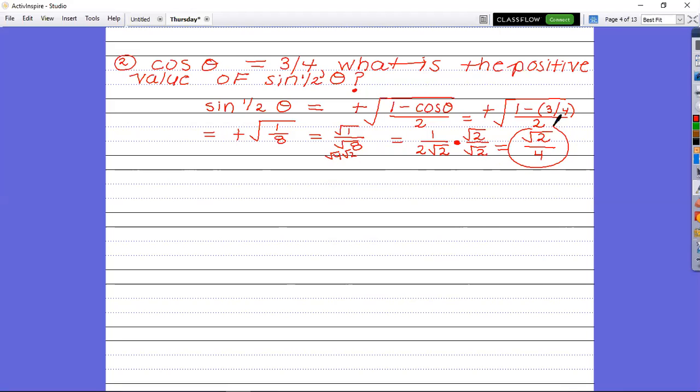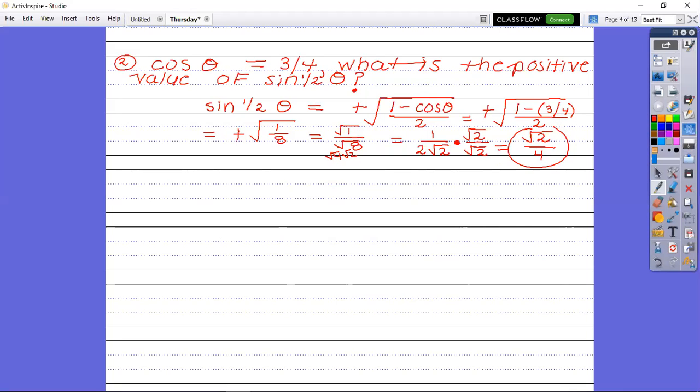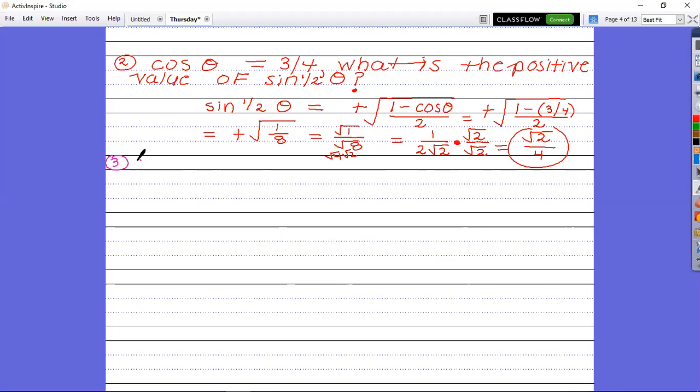Nice, quick, easy one. All right, so number 3, a little bit different, a little bit more work involved. So I want to go that sine of x is equal to 0.7.